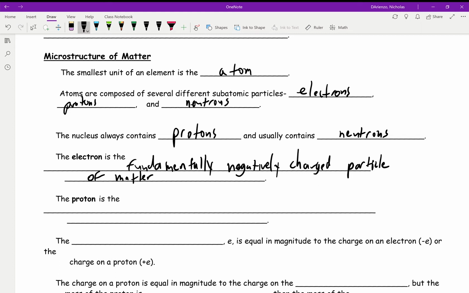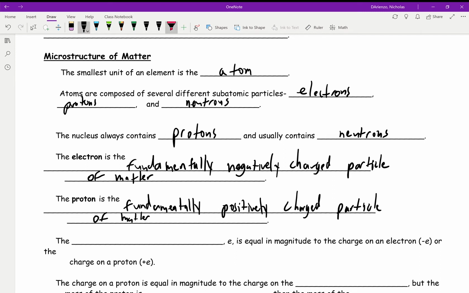And the proton is going to be our fundamentally positively charged particle of matter. And again, this is a review from chemistry. And as we move through this first lesson, we'll be pulling up a lot of older information that you would have learned in prior years during chemistry or other classes.